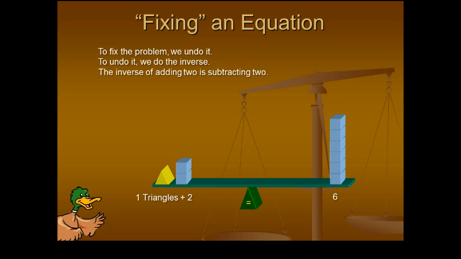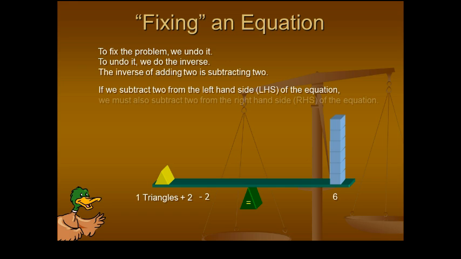The inverse of adding 2 is subtracting 2. If we subtract 2 from the left-hand side of the equation, we must also subtract 2 from the right-hand side of the equation. So 1 triangle is worth 6 minus 2, or 4 squares.